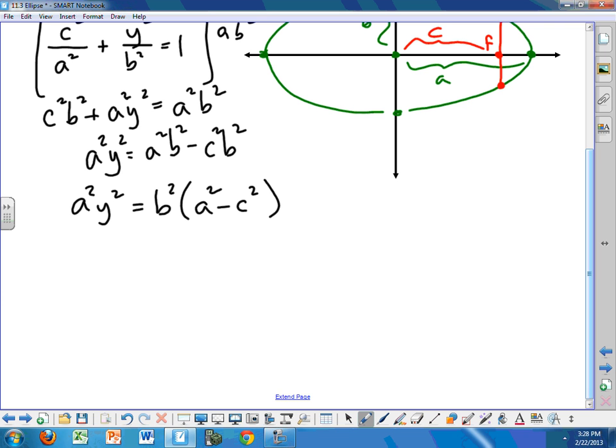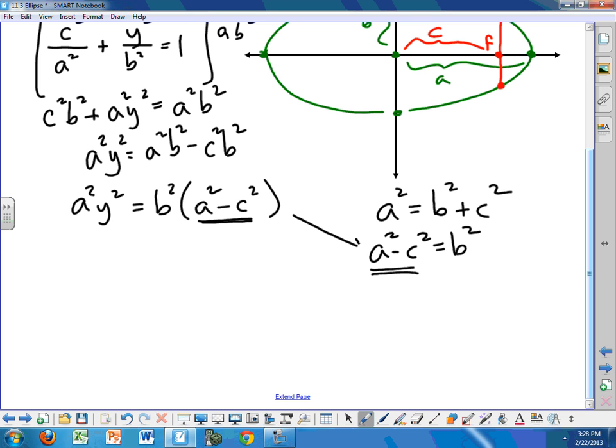That tells me something. Because when I started this whole thing, I remember there's a Pythagorean identity that said a squared is equal to b squared plus c squared in an ellipse. Therefore, a squared minus c squared should be equal to b squared, or I can replace that a squared minus c squared with another b squared.